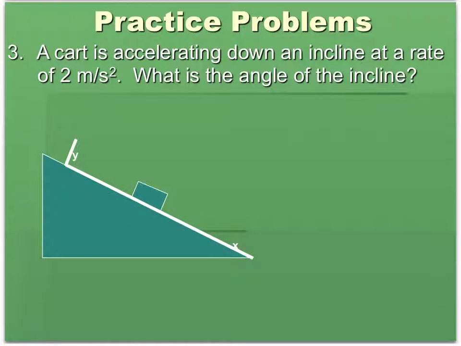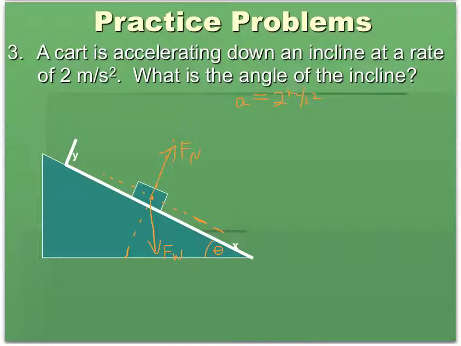In this problem, we are asked to find the angle of this incline if that cart is now accelerating down that ramp at a rate of 2 meters per second squared. Okay. And so just like in the other problems, I'm going to draw my x and y axis in here. I know that my Fw is going to act straight down, and my normal force is going to be perpendicular to the contact surface.